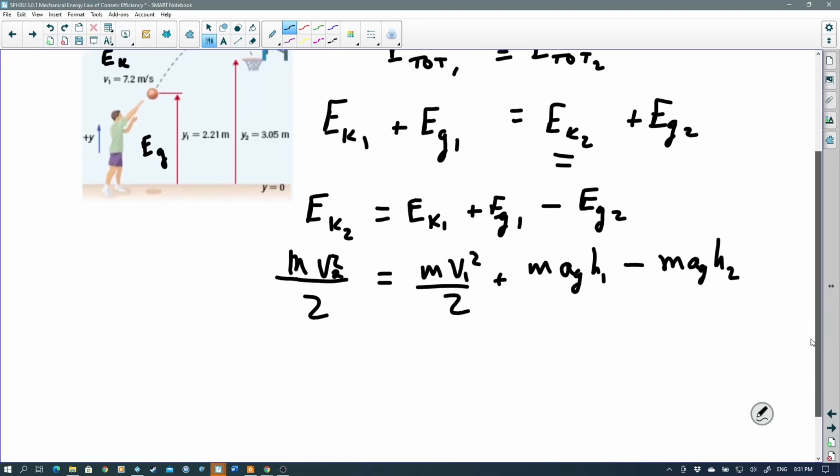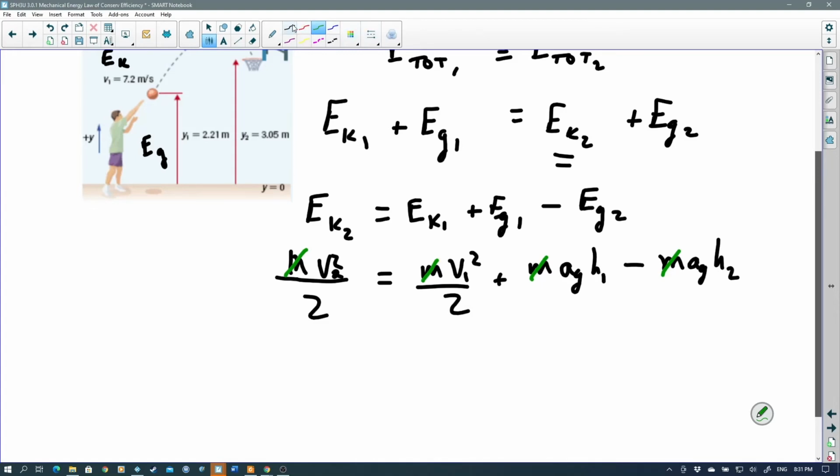Here's one of the nice things about using algebra. Every term has an m on both sides of the equation, and because of that, all of the m's can be divided out. You could factor out the m on this side and then divide both sides by m, and all of the m's cancel out.